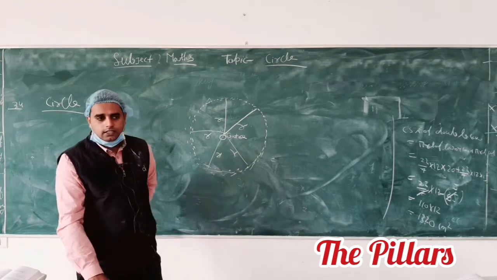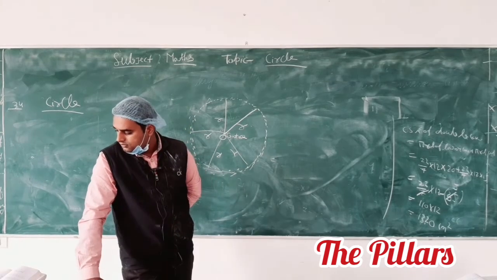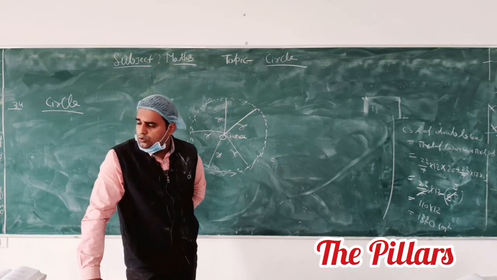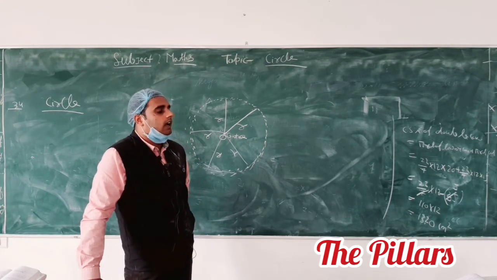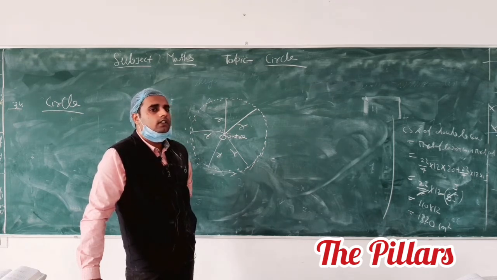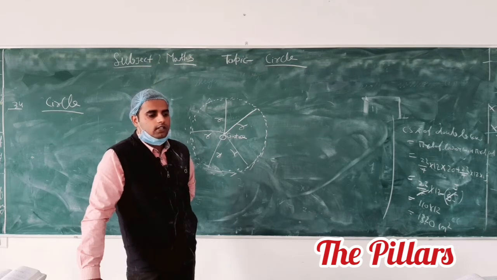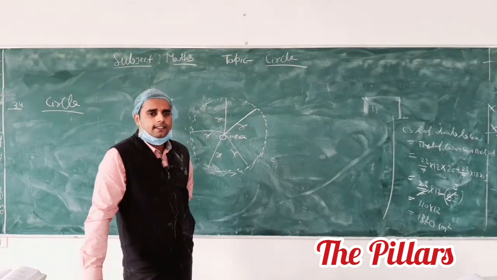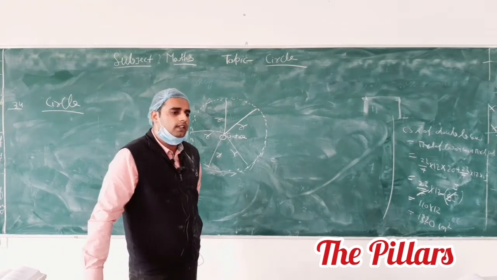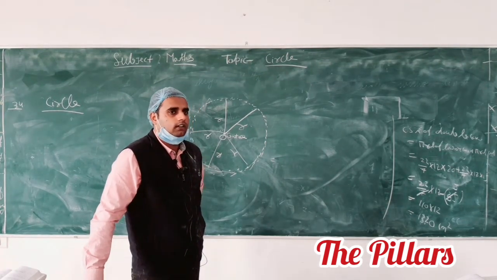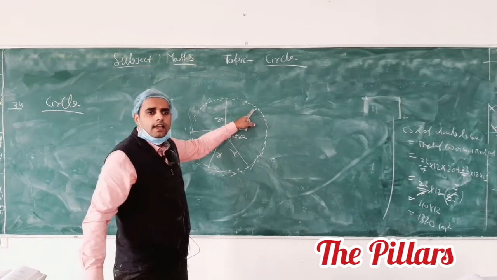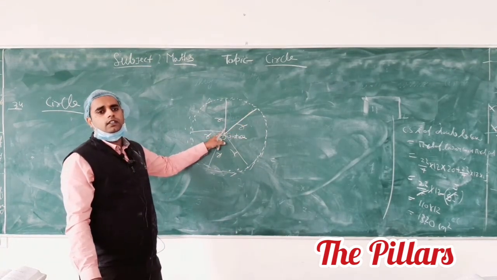The constant distance is said to be the radius, and the fixed point is said to be the center.